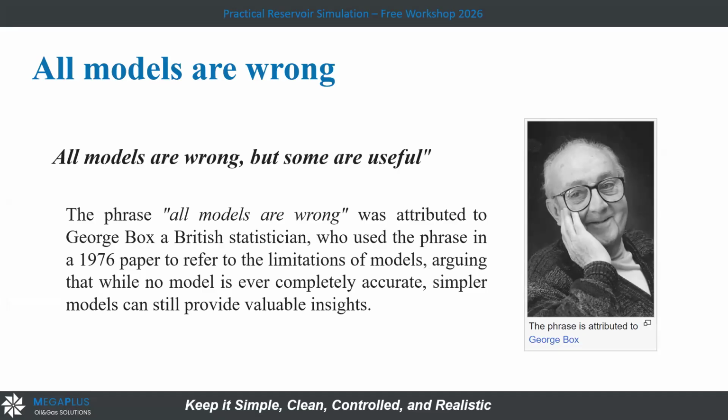So this is the slogan that we all agreed about. And also, we have to make a model with the scope of work. The first thing to do in the model is to know the target of the model that we are doing. What is the scope of work of this model? You have to keep this model simple, clean, controlled and realistic. So this is our target in reservoir simulation modeling.